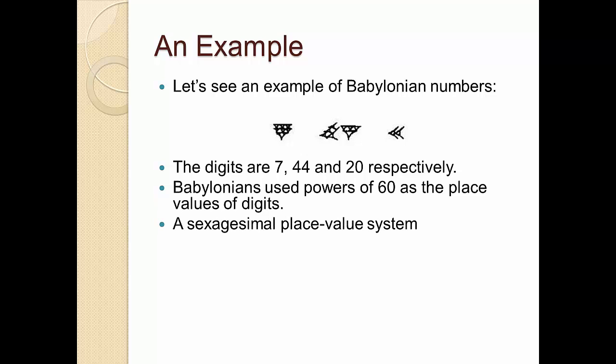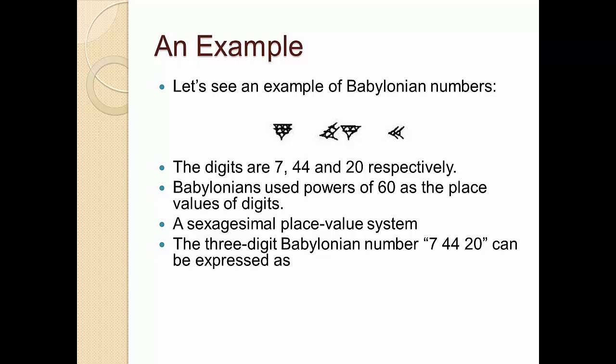Sometimes the Babylonian numeral system is described as a sexagesimal place value system. If we want to find out what number the above Babylonian number represents, all we need to do is to expand it like this. As you can see, the Babylonian number is actually 27,860.